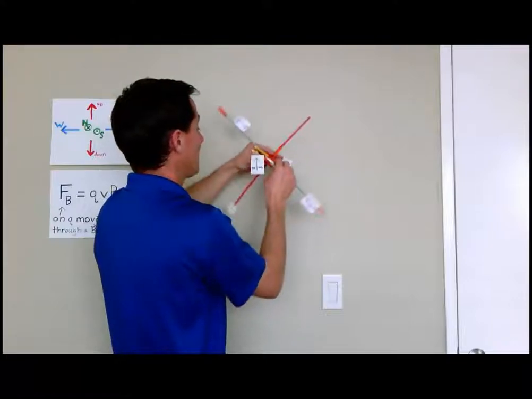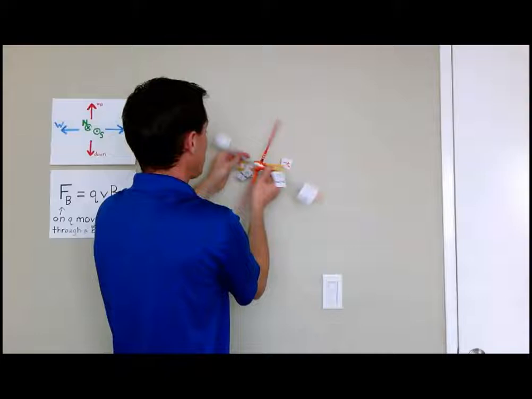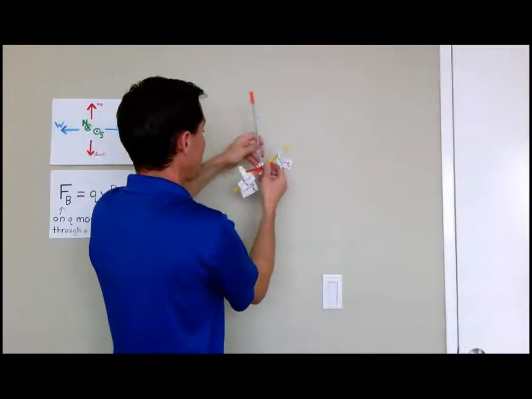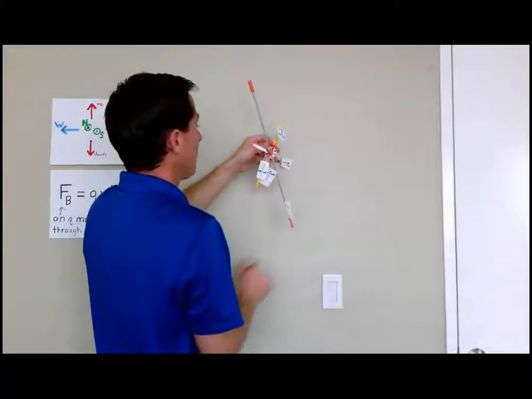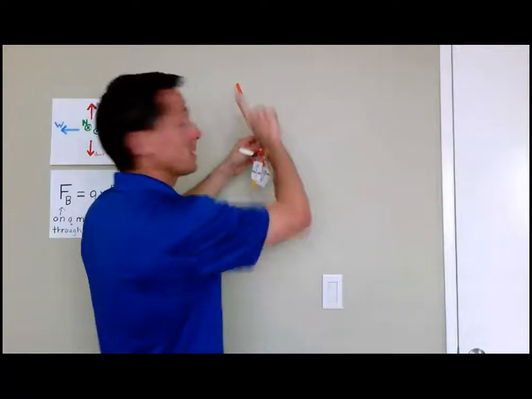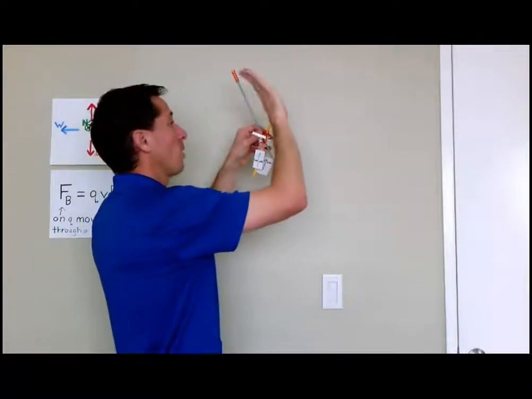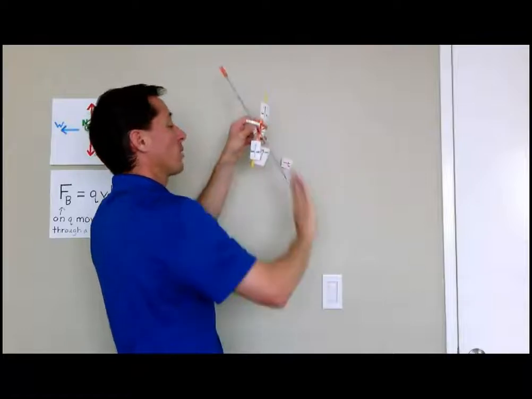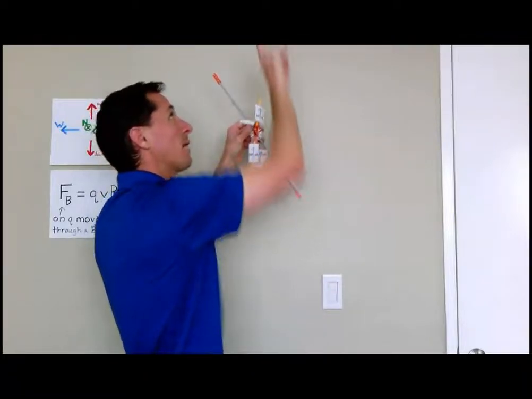Let's try another one. Suppose it's like this. Suppose the magnetic field is, let's have it like that. Okay? The velocity is this way, and the magnetic field is, you stick your fingers this way, all your fingers that way, point that way, along the direction of the velocity, and we're going to bend our fingers such that they're pointing straight up at the sky.